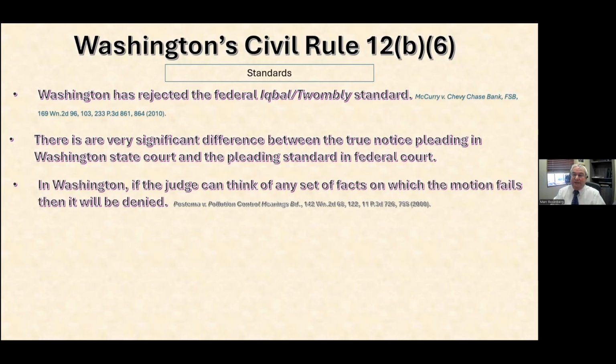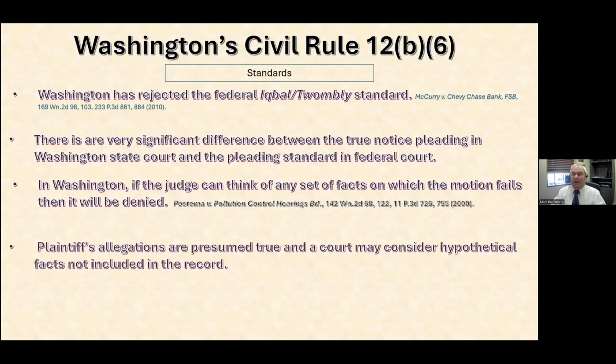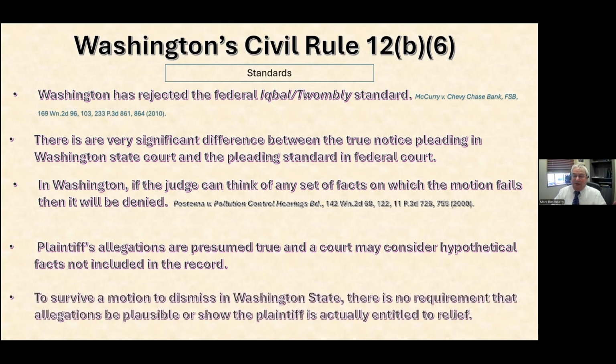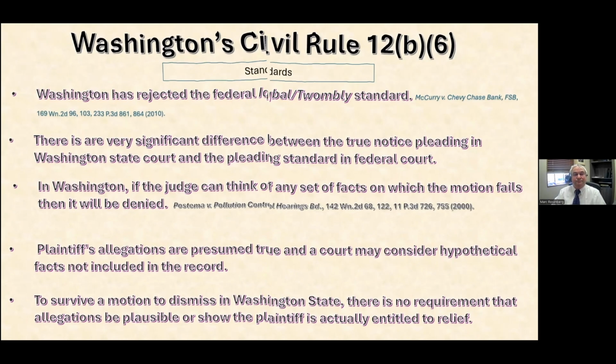Has to be much more detailed in federal court, can be very simple in state court. And in Washington, if the judge can think of any set of facts on which the motion fails, then it will be denied. So basically, the court can sit there and make hypotheticals and presumptions in a 12b-6 motion. And if there's any hypothetical set of facts by which the motion fails, then the motion fails.